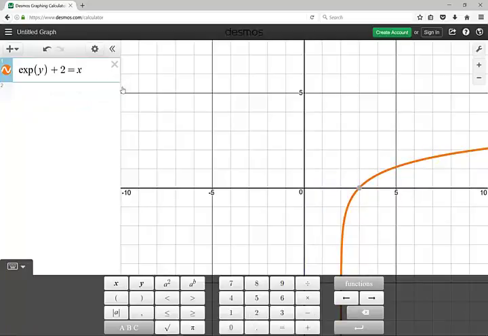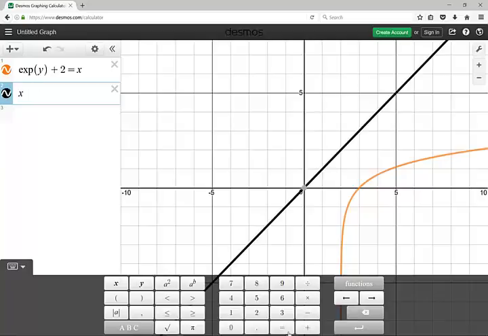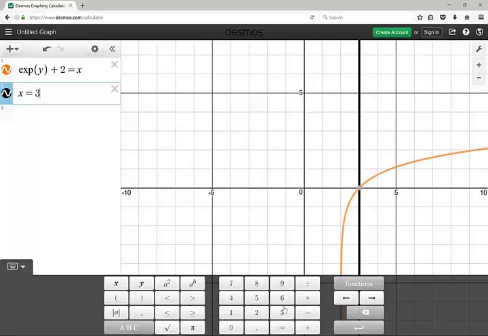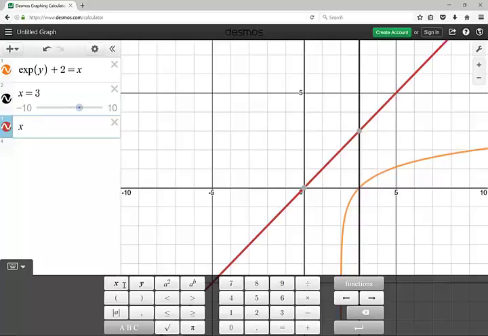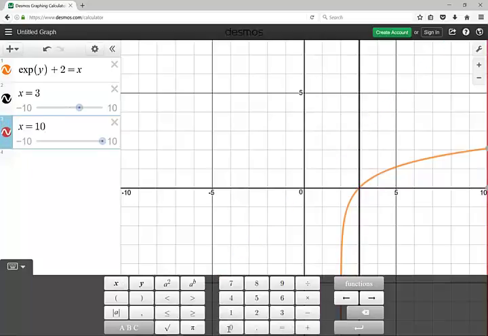Okay? Now, well, whatever. So let's wrap this baby, and let's also do x equals 3, and x equals 10. Why didn't it graph? Oh, it's right there in the corner. There it is.